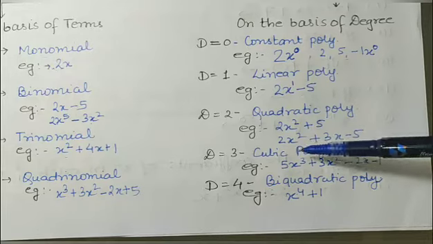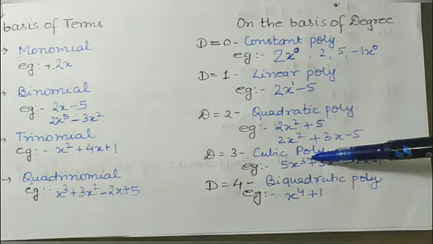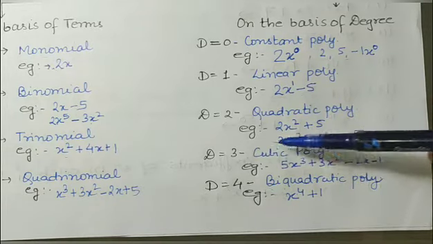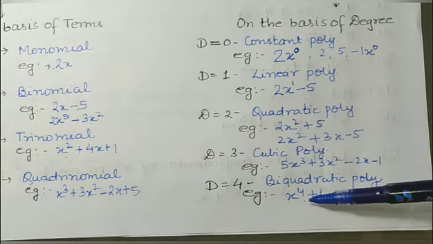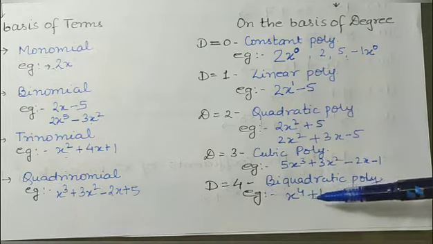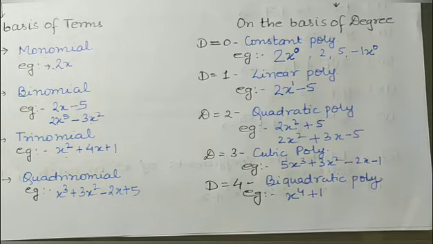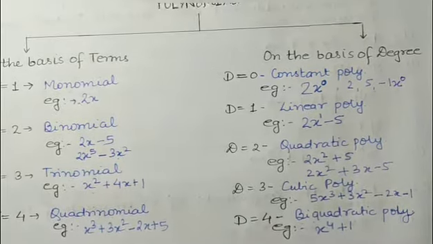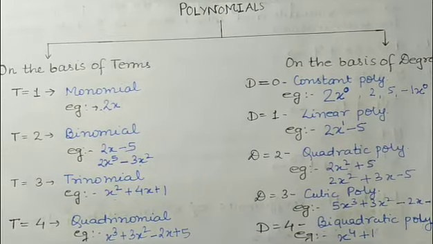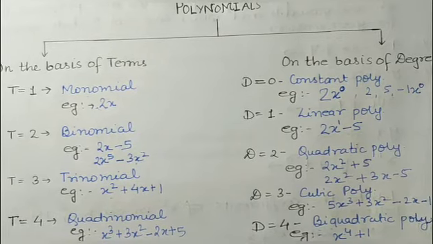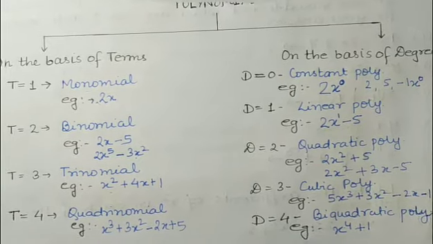Here the maximum power is 3, degree 3, it will be cubic polynomial. And here the maximum power is 4, degree 4, and it will be biquadratic polynomial. So students, just note down this classification of polynomials on the basis of terms and on the basis of degree.